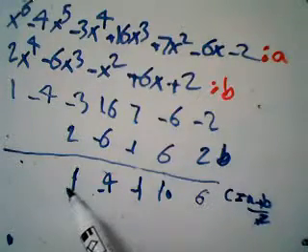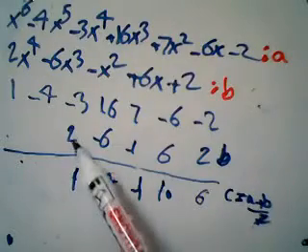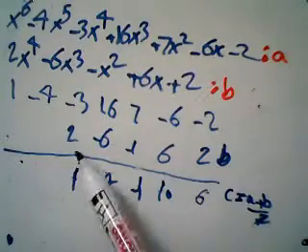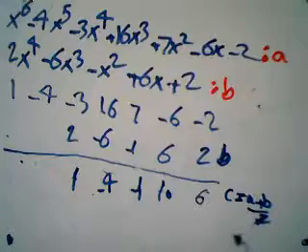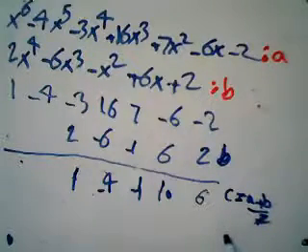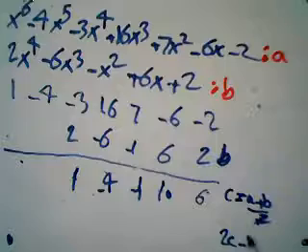You know, this becomes 2, and after subtracting, the x to the 4 term would go away.